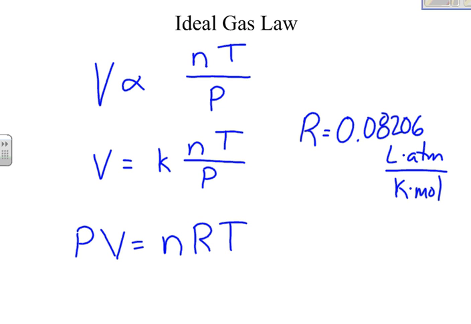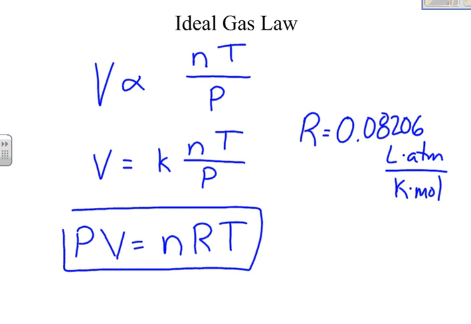If you plug in the value for R, the moles and the K cancel out, and so the units on the right would be liters times atmospheres, which match up with your pressure times volume on the left. So PV equals nRT is a nice convenient way of remembering this formula. Again, PV equals nRT. And then you just have to remember the value of R.